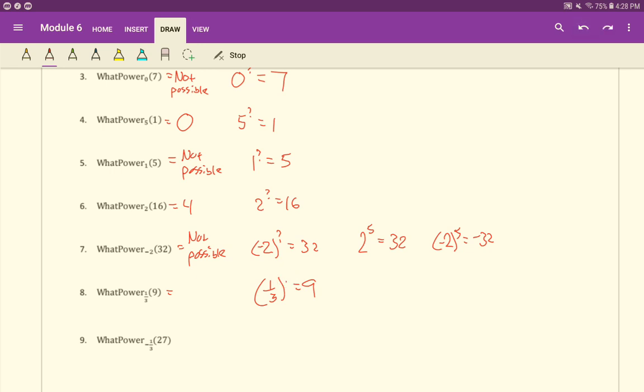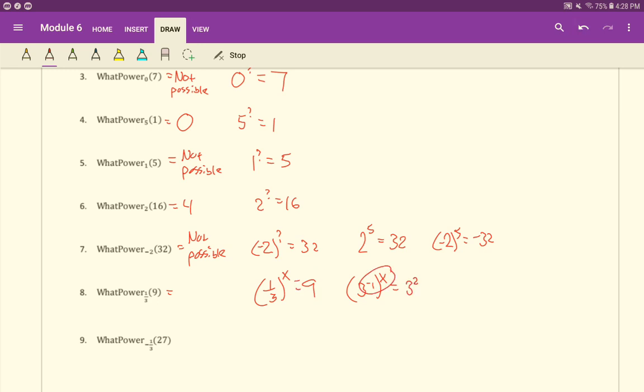Instead of the question mark, let's make it an x, a variable. And let's rewrite the left and right-hand sides so that we have a common base. So for example, 1/3 is the same thing as 3 to the negative 1, all to the x. And 9 is the same thing as 3 squared.